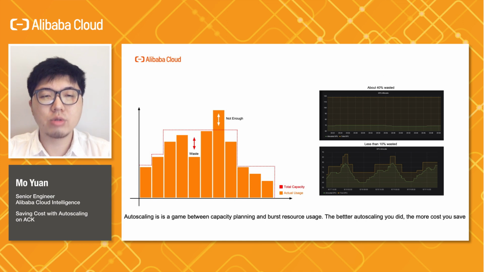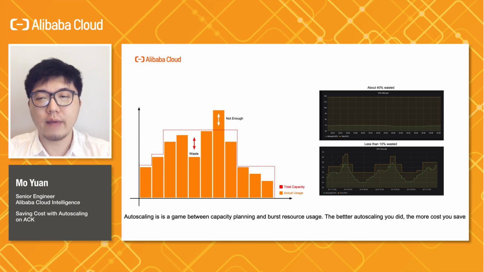Is there any way to solve the conflict? The answer is yes. Autoscaling is the chosen one. On the right side, we have two real customer utilization charts on ACK. In the first chart, it wastes about 40% of resources to guarantee the availability of the cluster.